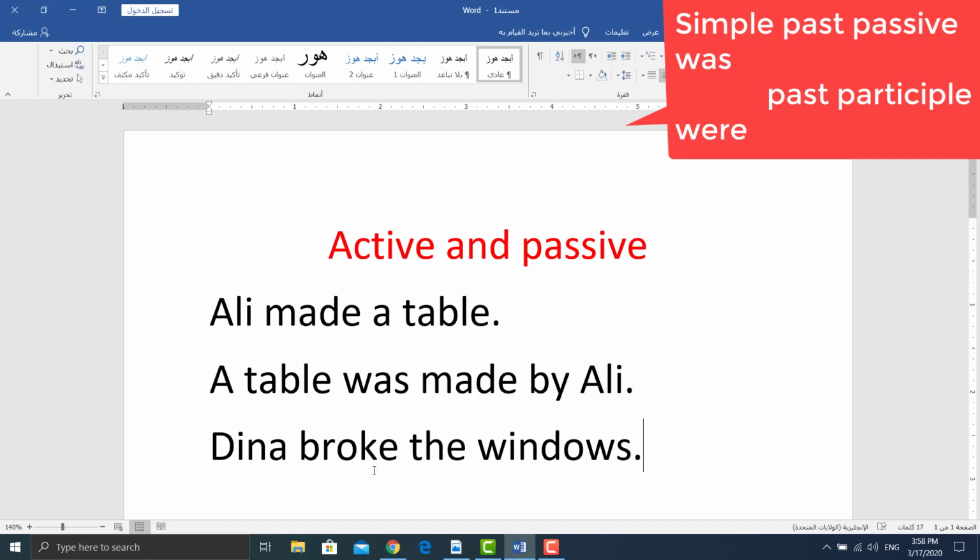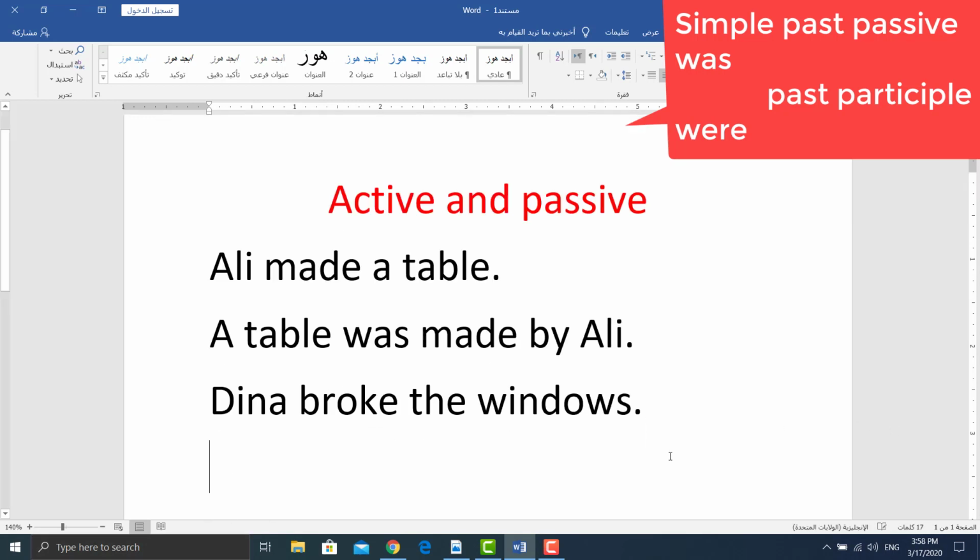Okay, who can tell me how can we change this from active into passive? Yes, the first step, put the object, the windows, in the place of the subject. And after that, get verb to be at the same tense of the sentence. Here the sentence is in the past simple, so we get verb to be in the past simple, which is was or were.